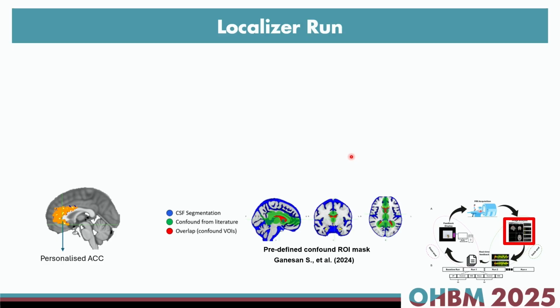So for this, we also define a confound region. A confound region can come from different resources and based on different literature, also the work that has been done by Sampras. We used an overlap of different confounds, which was, in our case, mostly the CSF. So we want to say, now I want to have my target ROI, which was that personalized ROI, and I also want to have the data from the activity within that confound region.